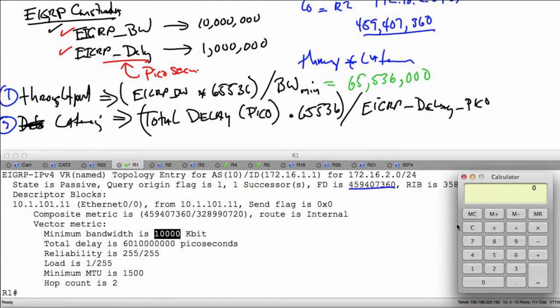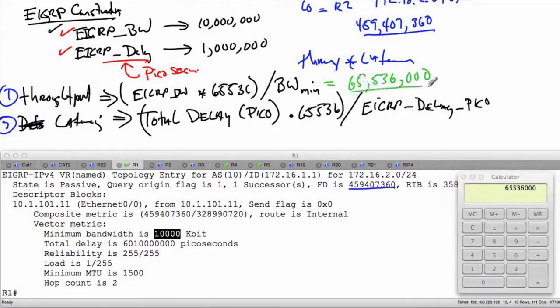I don't want to get all the way to the end of this and realize I made a mistake. So I'm going to take my EIGRP_bandwidth value of 10 million, multiply it by 65536, then divide it by my minimum bandwidth, 10,000. That gives me the value I'd already computed.